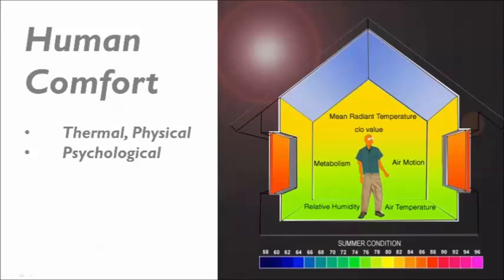And so we look at all these things in relation to our thermal human comfort, also our physical reaction to the environment. That could have to do with the person's size, the person's metabolism, your weight, your physical reactions to things, how hot or cold you tend to be all the time.